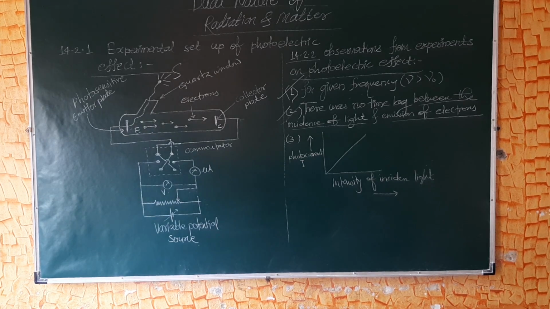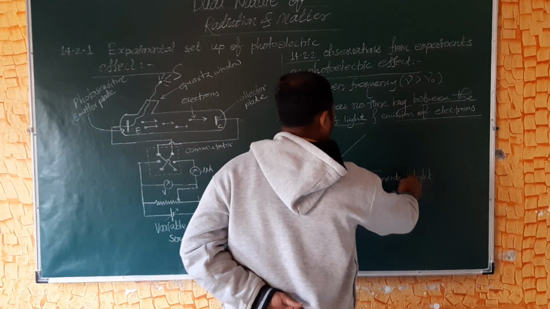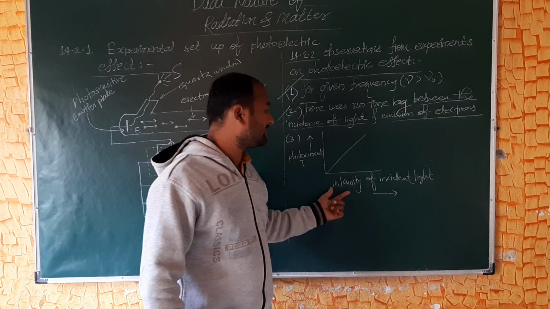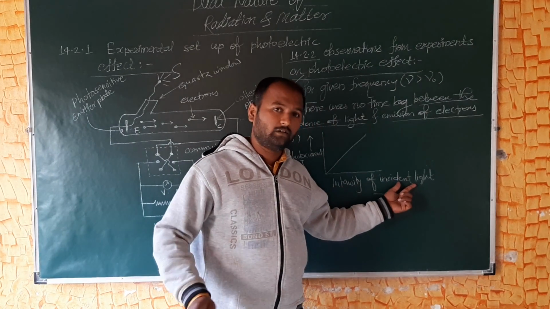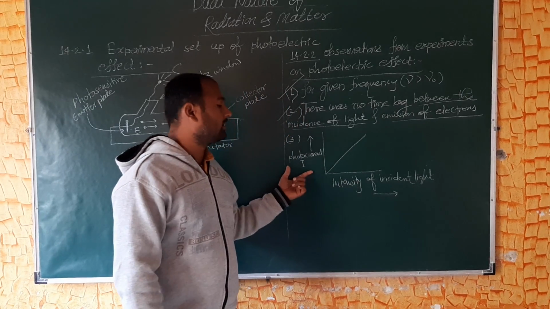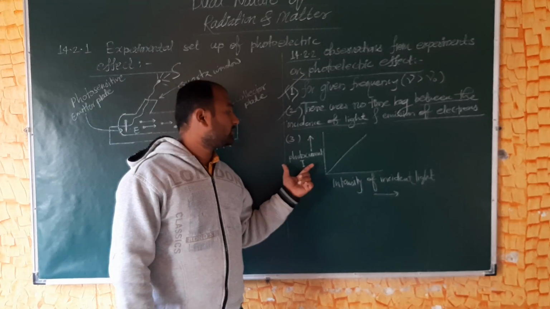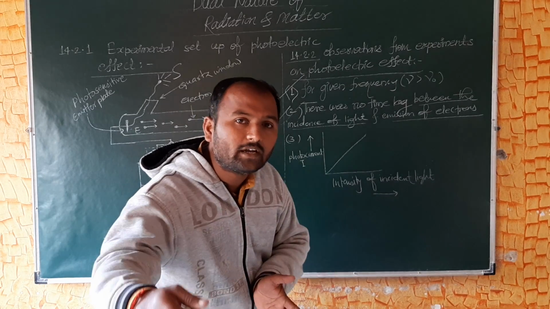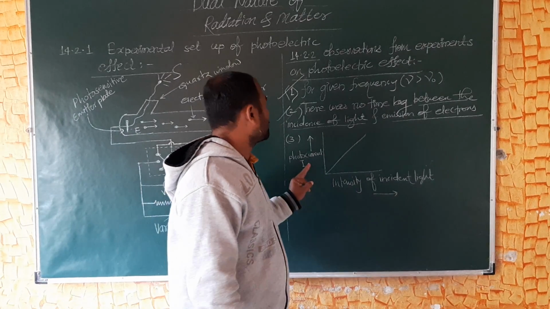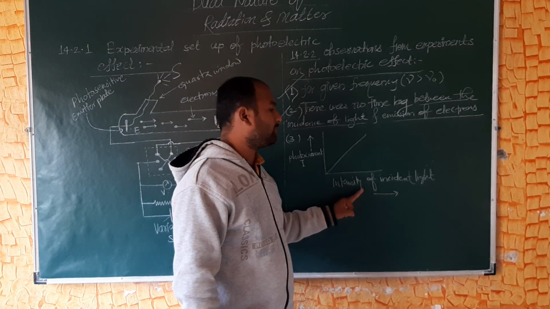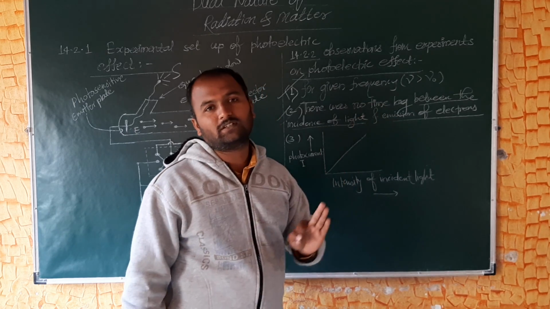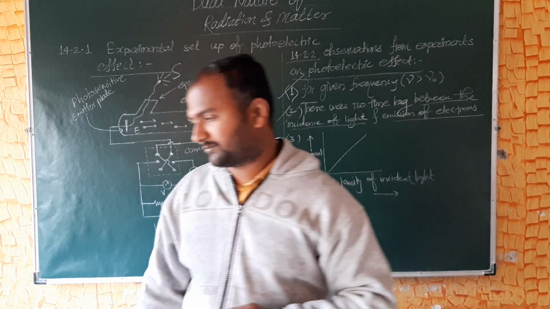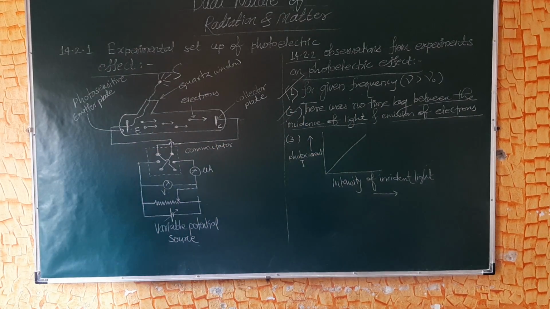The value of the current will also keep increasing. So this shows that they vary linearly with one another. This shows that photocurrent is directly proportional to the intensity of incident light. So this is the third observation.